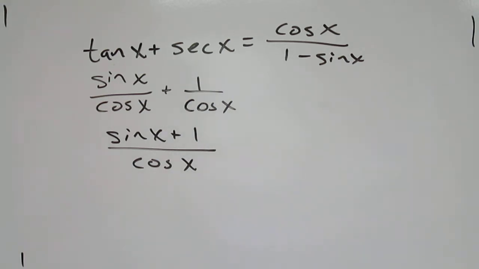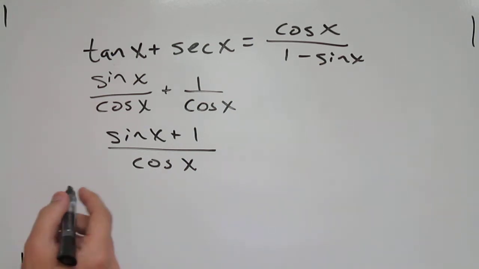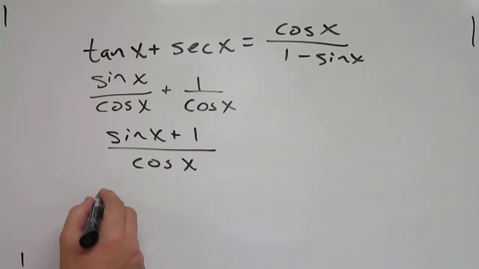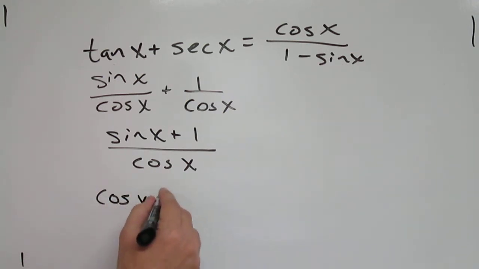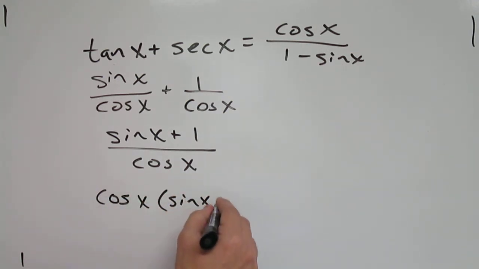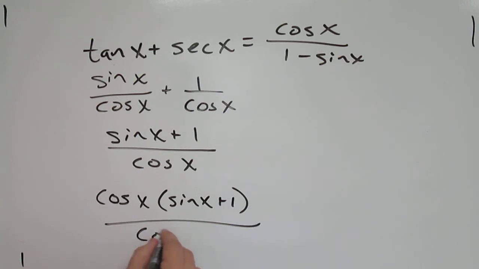Let's see. I think I'm going to multiply both the top and the bottom times cosine of x. So if I have cosine x, sine x plus 1 over cosine squared x. I might run out of space and move to the right, but normally I would just do things in one column because I don't want to make changes here.